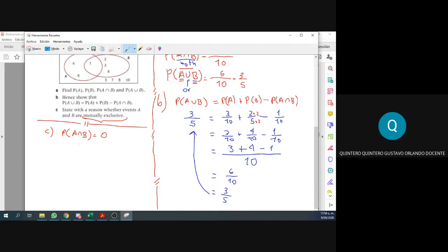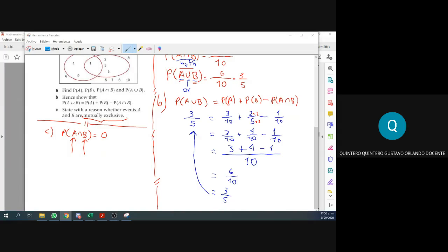So two events, A and B, are mutually exclusive if the probability of the intersection is 0. That is correct. A lot of people are writing that down in the chat. So guys, pretty good job.